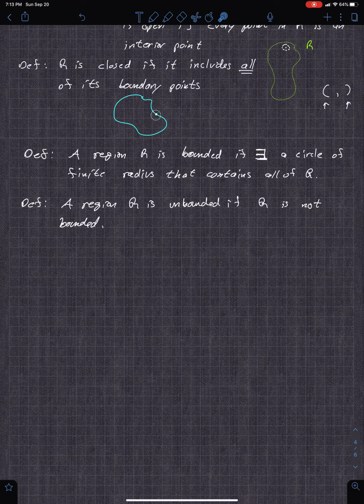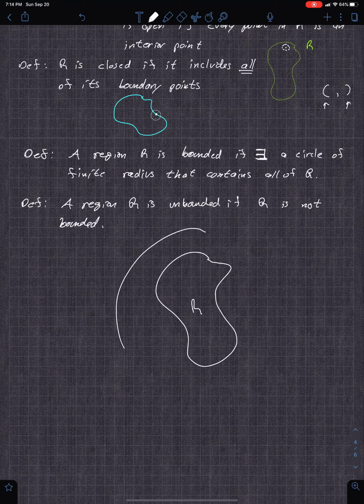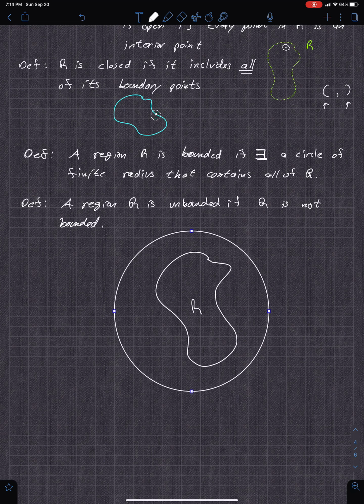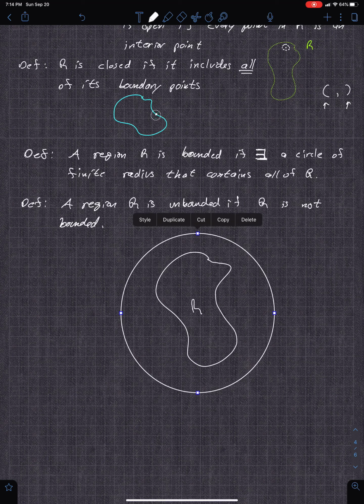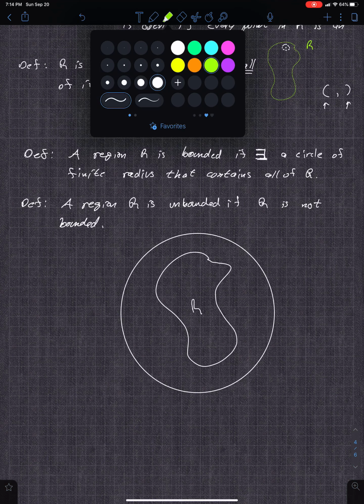It would mean there does not exist a circle of finite radius that contains all of R. So you take any region, so take my region R. Does there exist a circle of finite radius? Well, of course there is on this one. I take a circle, and I can move this nicely, like there, that contains all of R. That's all we mean here.